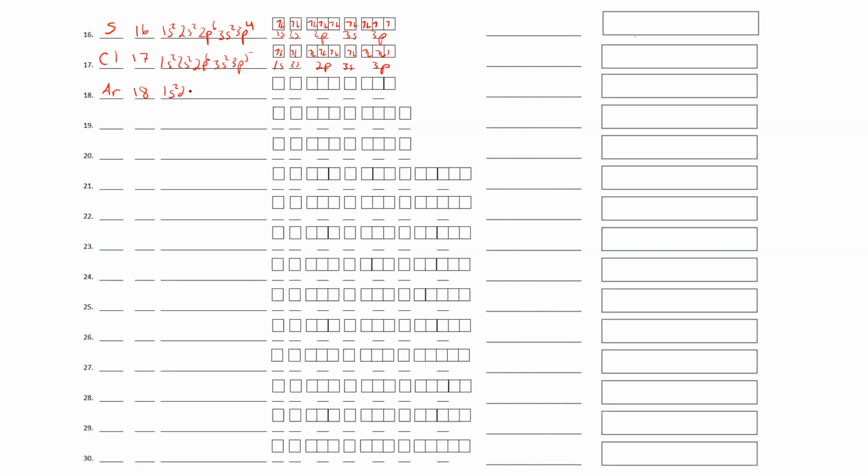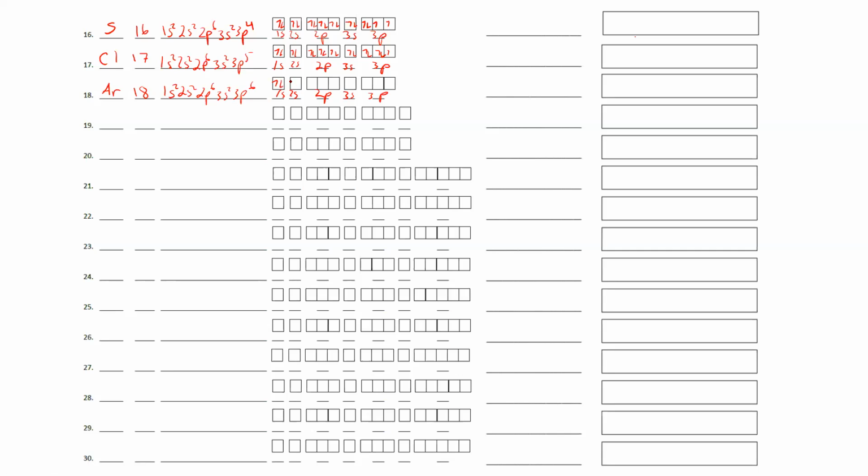So 1s2, 2s2, 2p6, 3s2, 3p6. So 1s, 2s, 2p, 3s, and 3p orbitals.